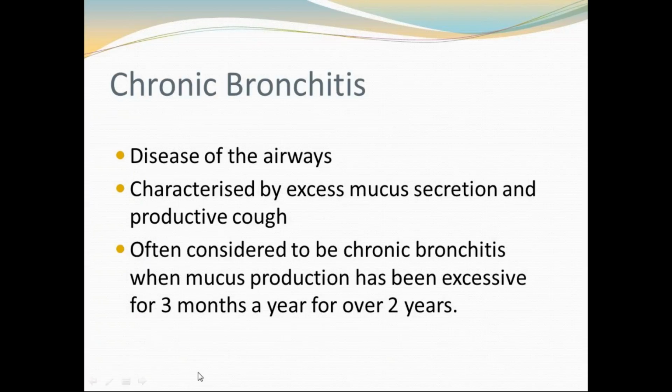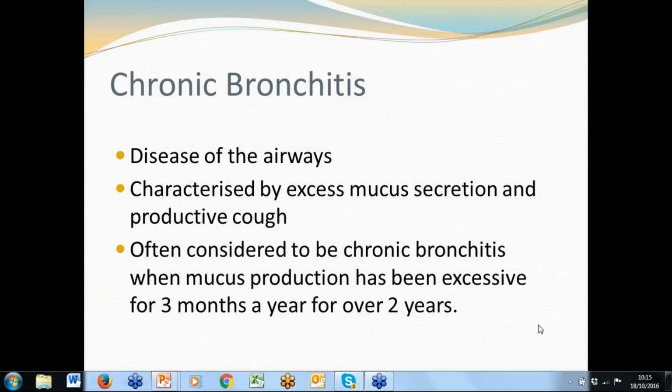So, what is it then? Chronic bronchitis, excess mucus production, and a cough. It's considered chronic when the production has been excessive for 3 months, a year, for over 2 years. You'll have the smoker's cough we talked about, but something like chronic bronchitis.